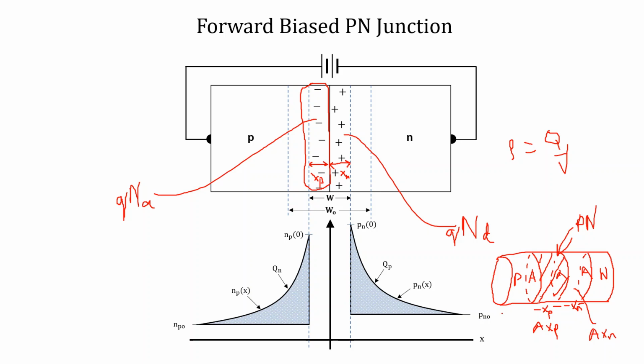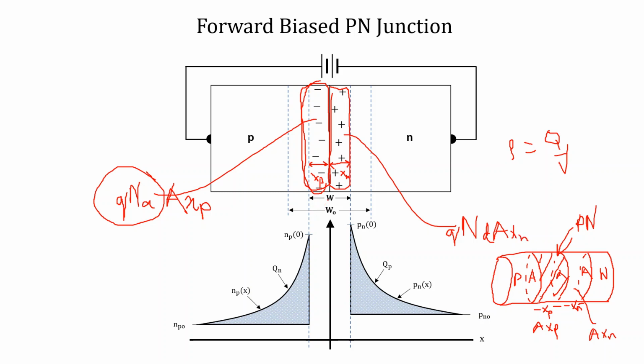So the total charge in this section will be the charge density multiplied by the volume, qNa times A xp, and the total charge in this region will be the charge density multiplied by the volume.